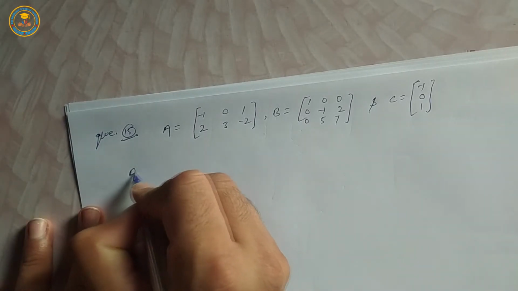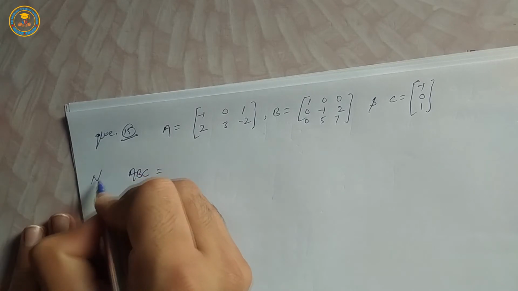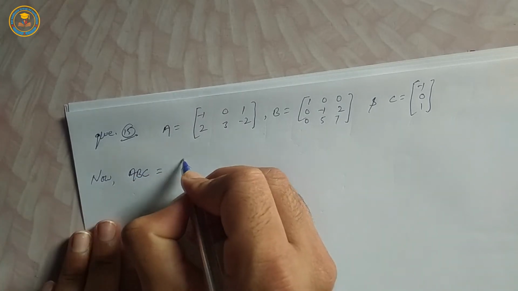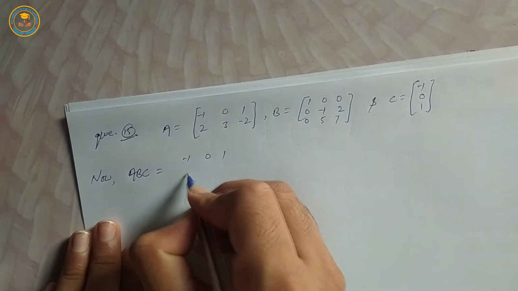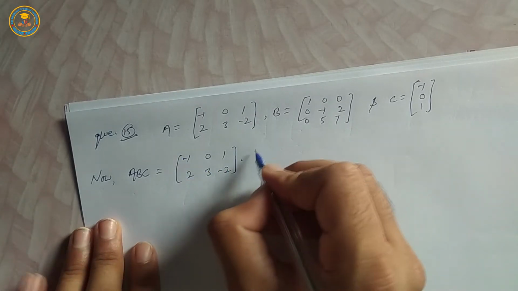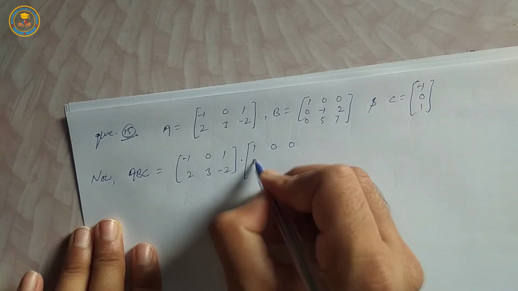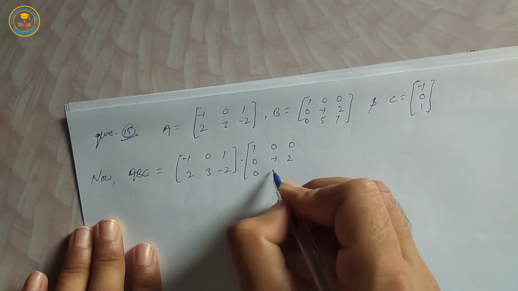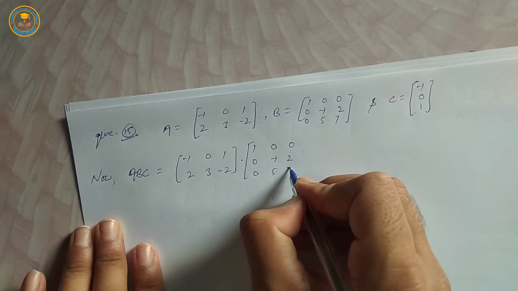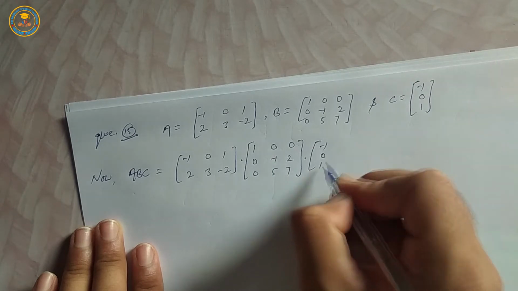It means matrix ABC is equal to [-1 0 1; 2 3 -2] into [1 0 0; 0 -1 2; 0 5 7] into [-1 0 1].